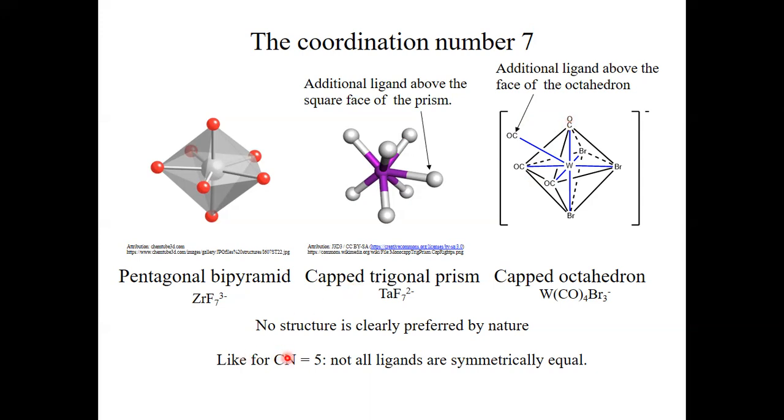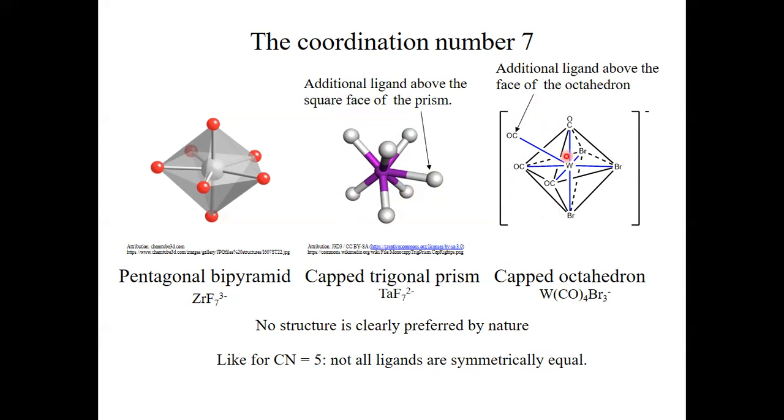So like for the coordination number 5, the ligands are not all symmetrically equivalent. So for the pentagonal bipyramid, as we have previously seen, the axial ligands are different from the equatorial ones. Now for the capped trigonal prism, the seventh ligand above the square here would certainly be different from those ligands making the square here, as well as these two other ligands, which have a greater distance from the seventh ligand than the other four.